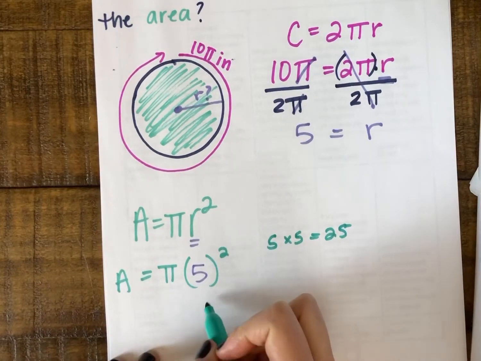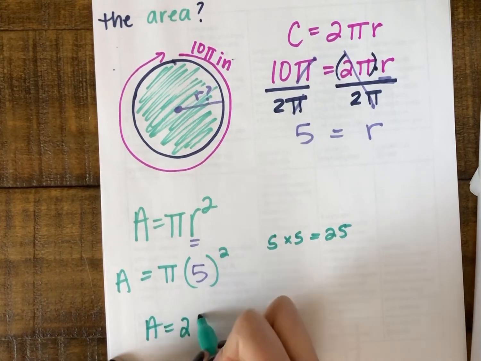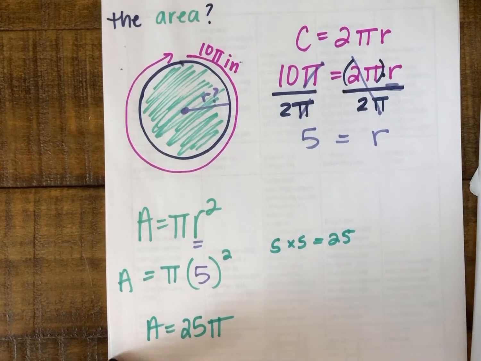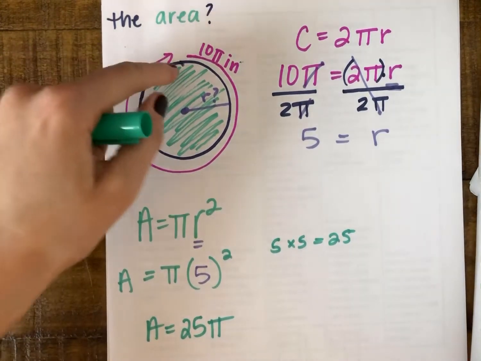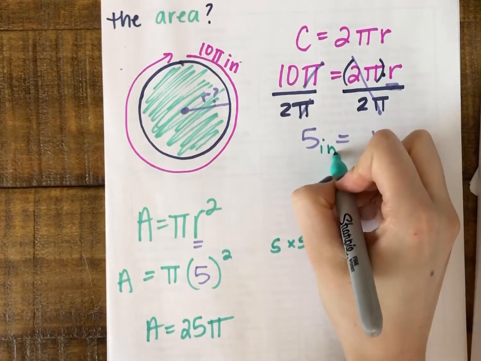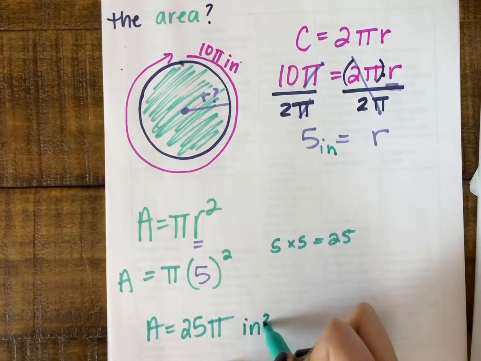And so my area will be 25 times pi. My unit here, well, if my circumference was 10 pi inches, then my radius was 5 inches, and my area will have to be 25 pi square inches.